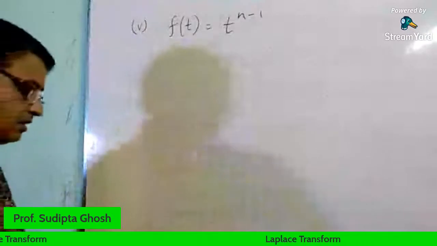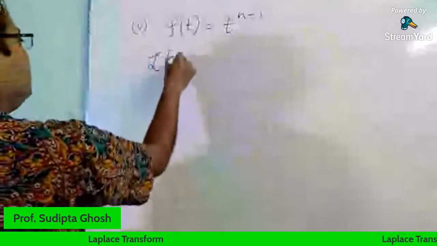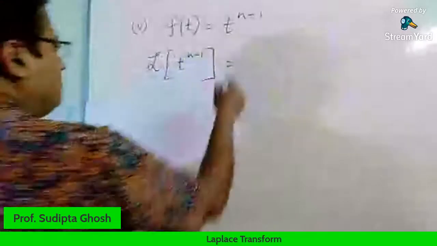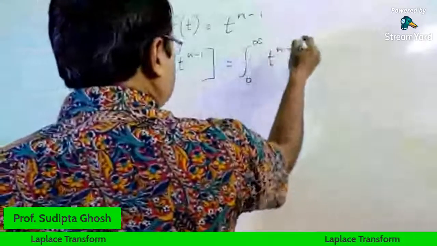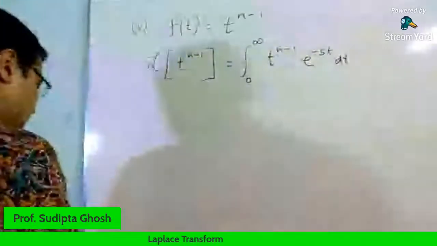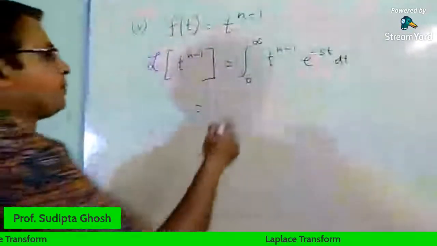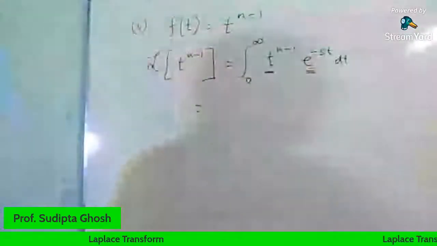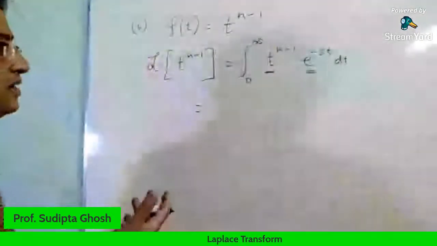Okay? So now Laplace transform of t to the power n minus 1, by applying the formula, you have 0 to infinity t to the power n minus 1 e to the power minus st dt. Now we have two functions, t to the power n minus 1 and e to the power minus st dt, which, as we all know, is the exponential function.